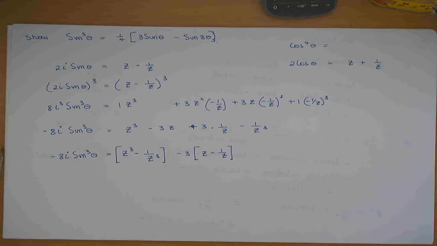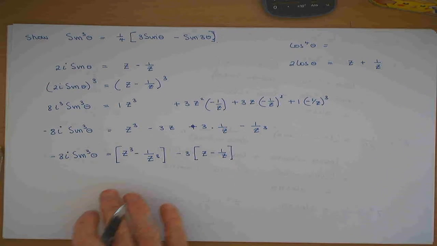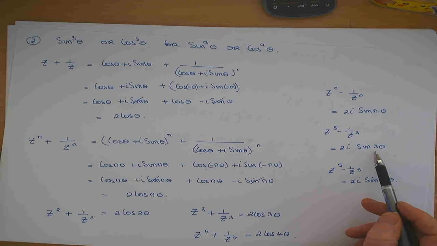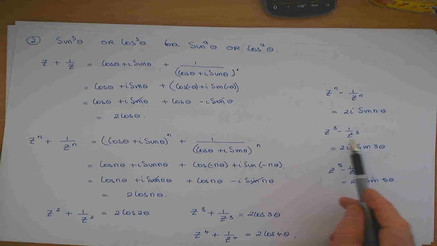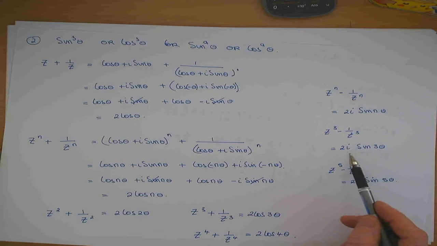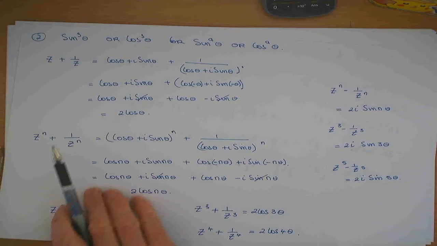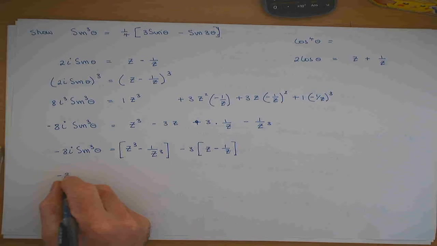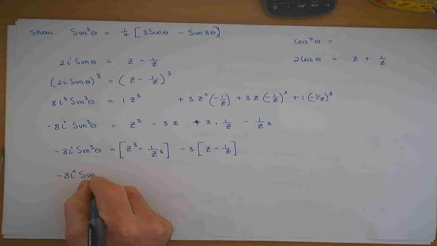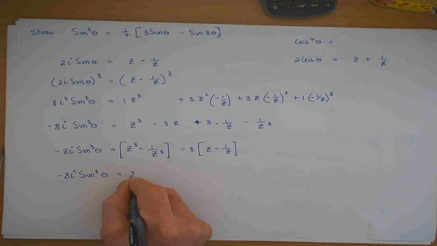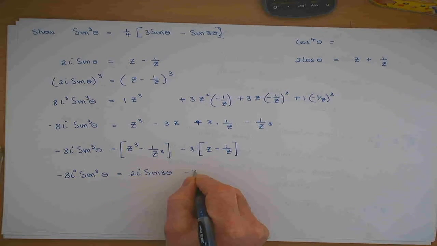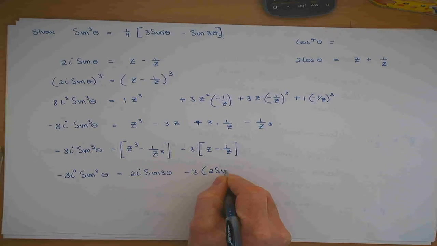Question. What do I know z cubed minus 1 over z cubed can be written as? 2 iota sine 3 theta. What would z minus 1 over z be? 2 iota sine theta. So that therefore can be changed. Minus 8 iota sine cubed theta is equal to 2 iota sine 3 theta minus 3 times twice iota sine theta.